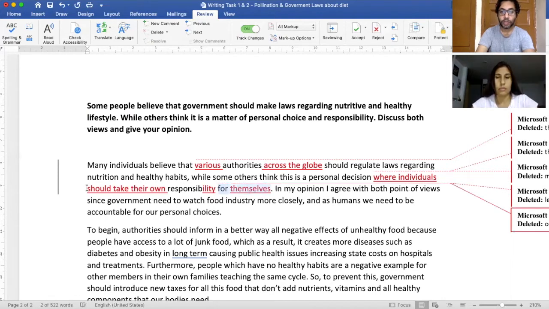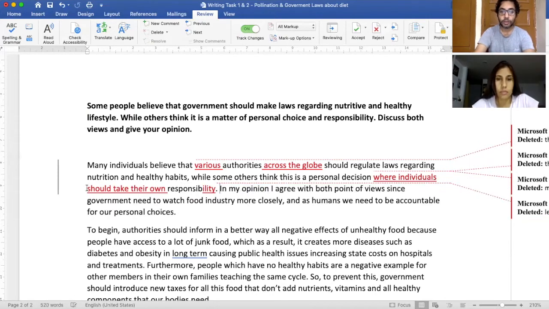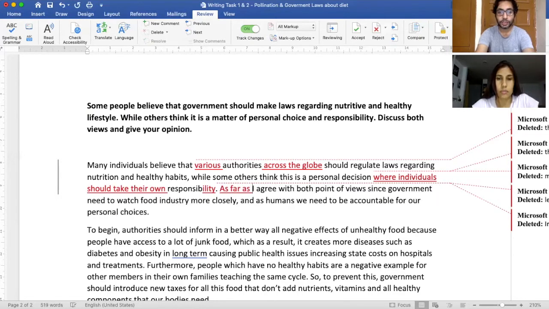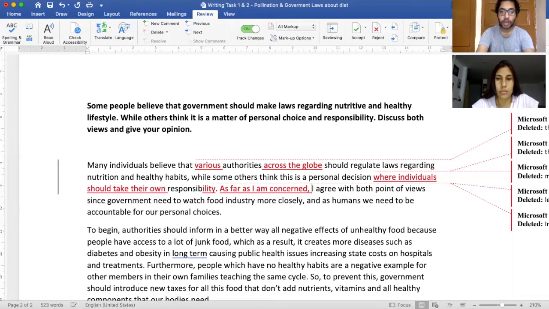According to my opinion, and you are saying I agree, that means you are anyway agreeing. So opinion not required. Rather, you can say as far as I am concerned, I agree with both points of view.